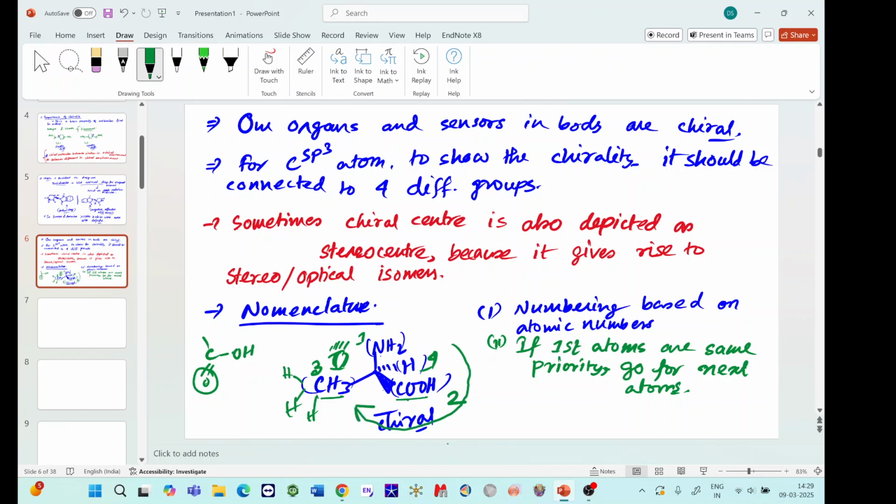When there is clockwise rotation, it is considered R, and if it is anti-clockwise, that means S. R and S come from the Latin words rectus and sinister, meaning right or left. But you can simply keep in mind: clockwise R, anti-clockwise S, viewed from the opposite side of the least priority group 4.